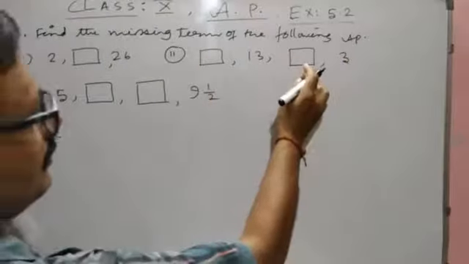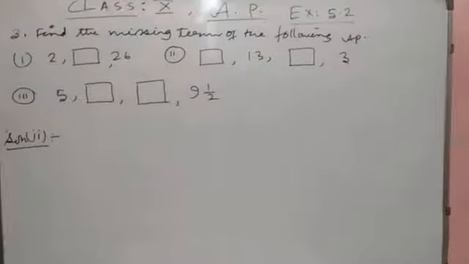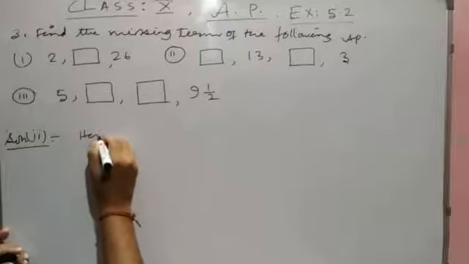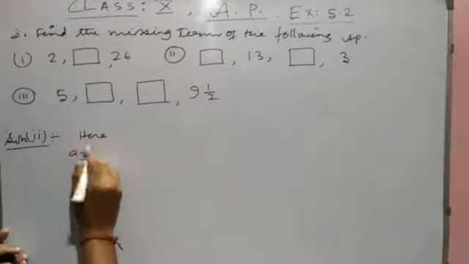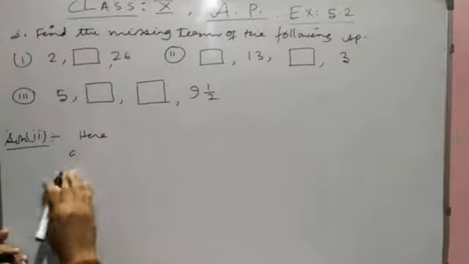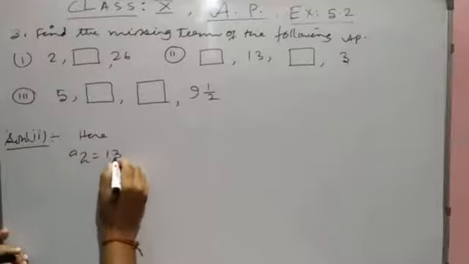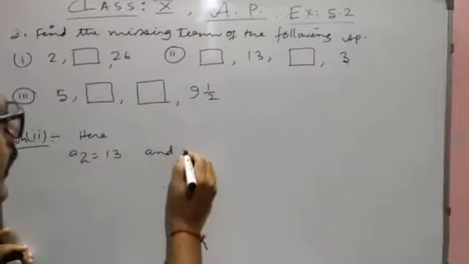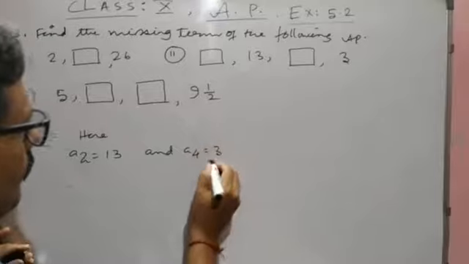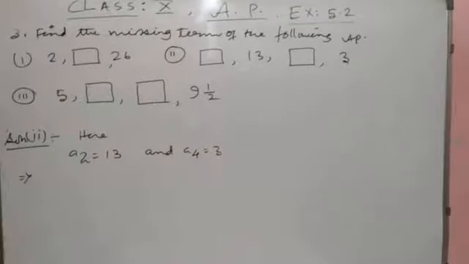First term is not given and third term is not given. So here a2 equal to 13 and a4 equal to 3.